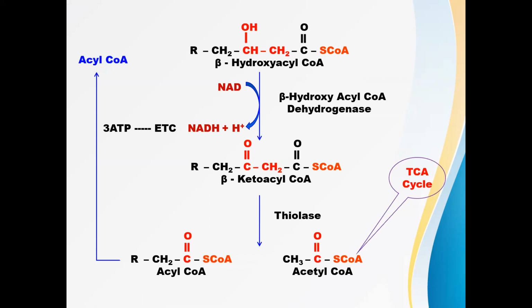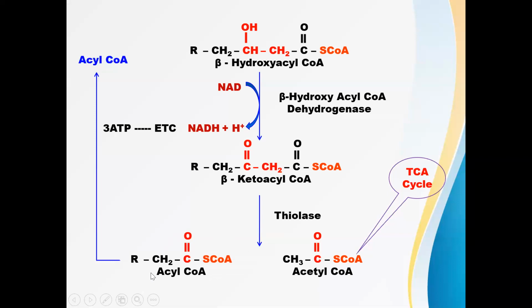That is what I mentioned in the beginning of beta oxidation. As a result of one cycle of beta oxidation, you will have the release of the 2 carbon atom unit acetyl CoA. After the cleavage of this acetyl CoA, you have again an acyl CoA formed. This acyl CoA is 2 carbon atoms less than the original acyl CoA that entered beta oxidation.